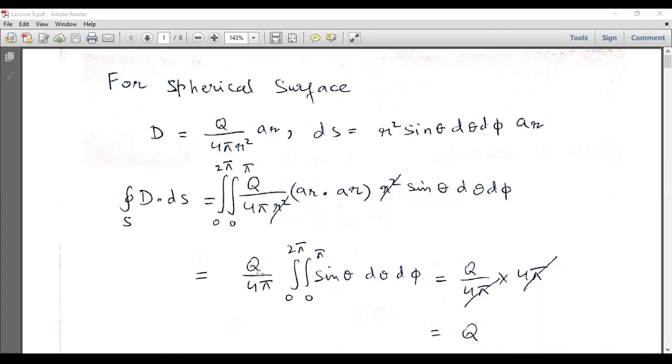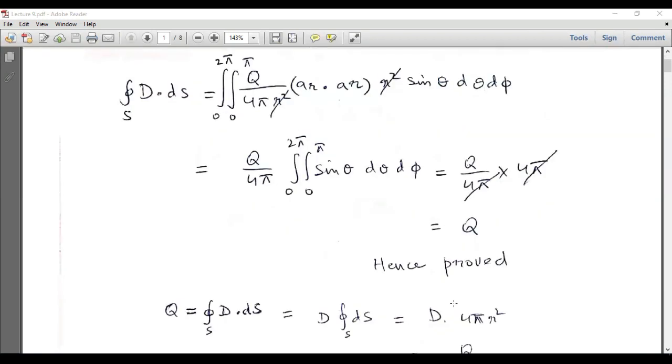So this will be equal to Q over 4 pi, this integration, and this is sine theta d theta d phi. So this integration is equal to 4 pi, so we get D dot dS equal to Q. So this is the derivation of Gauss's law.